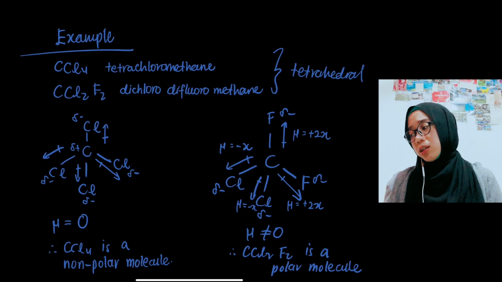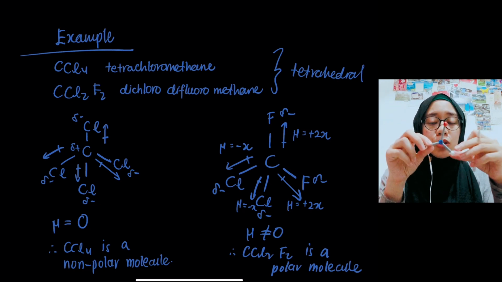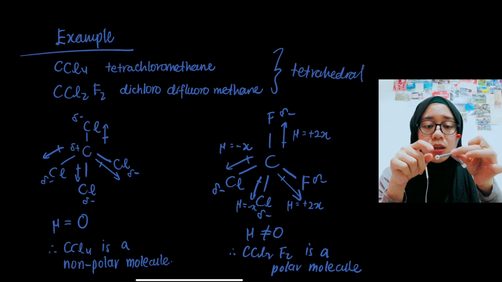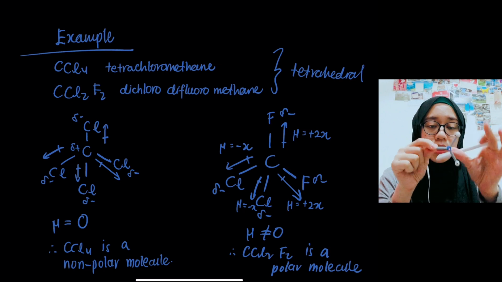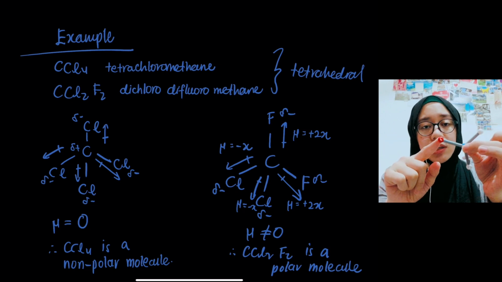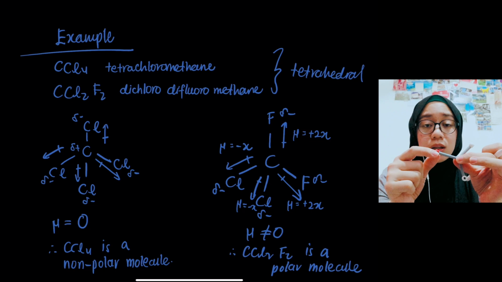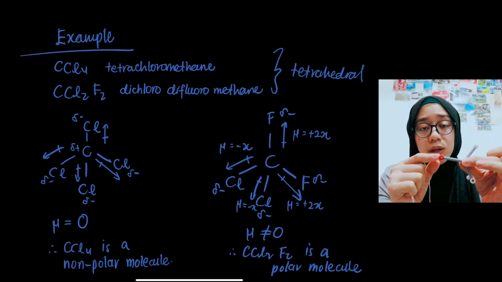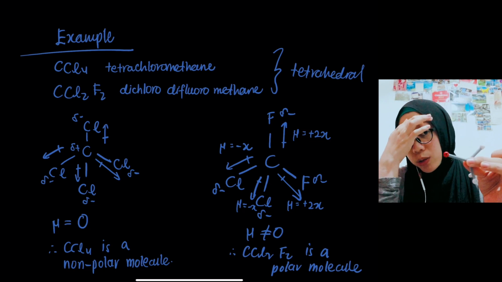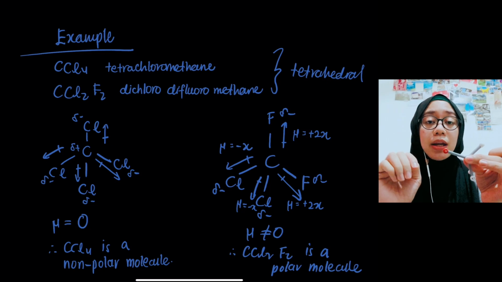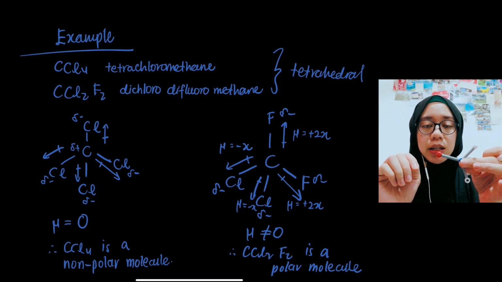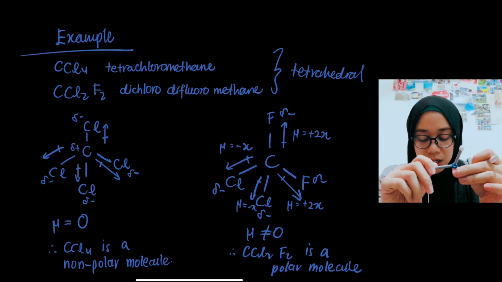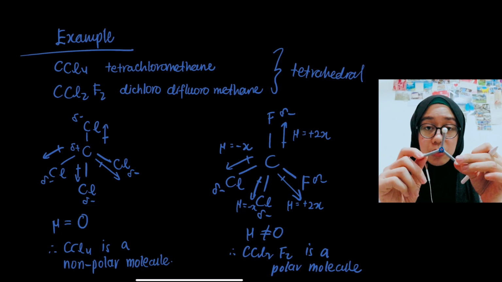Okay, so basically kalau kamu ada basic molecular shape, tapi bila ada satu terminal atom yang berbeza, bermaksud the resultant dipole moment cannot cancel off, is not equals to zero because the dipole moment cannot cancel off one another. Okay, jadi dekat sini dia akan jadi a polar molecule.